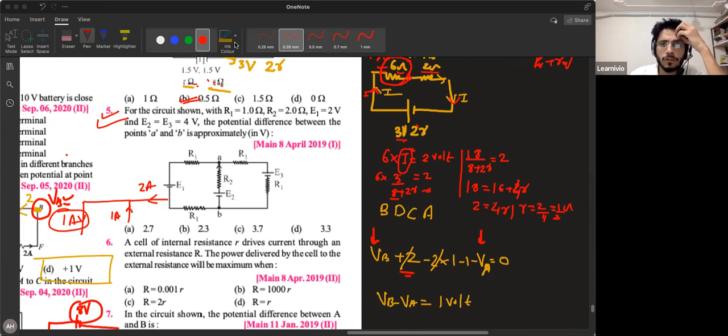Are you solving it? Muneeb? Nabil? Sir, can we use Wheatstone bridge here?